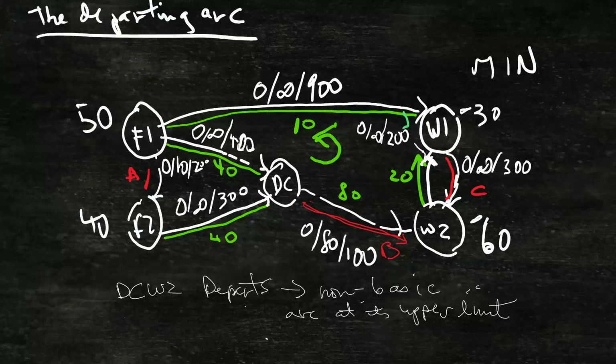And now we have to go again and determine next which of A, B, and C should be entering, and then determine again what the departing arc is, if any. We'll leave that for the next video.